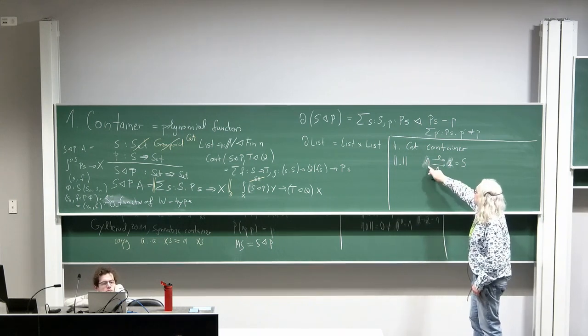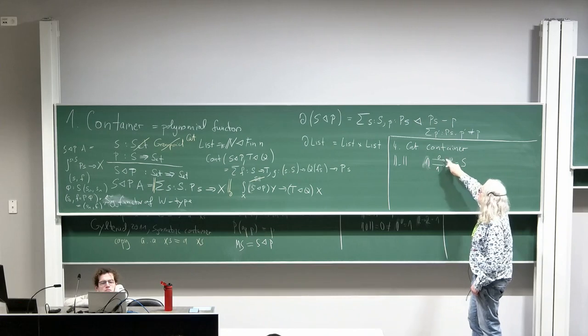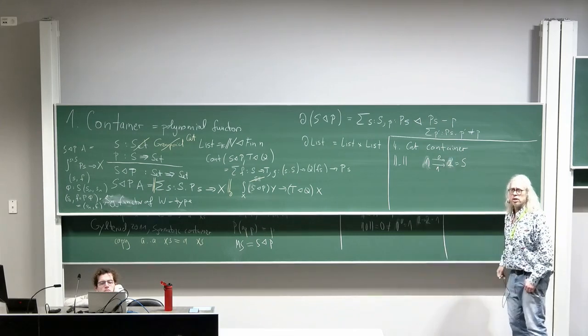So P sends 1 to the 1 element sets, 2 to the 2 element sets, and 0 and 1 to true and false.